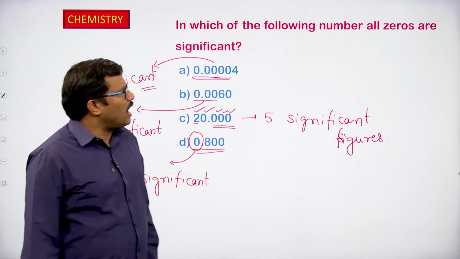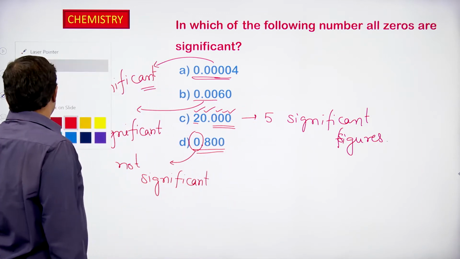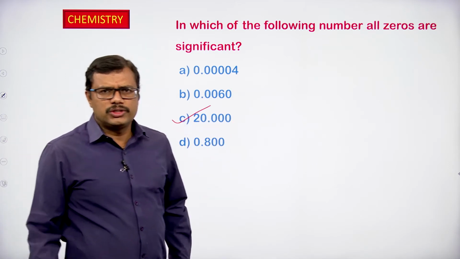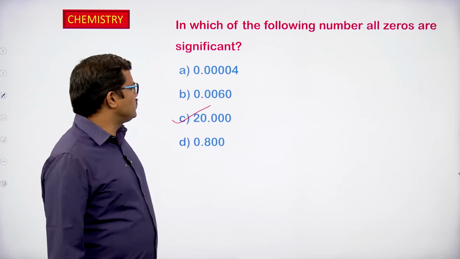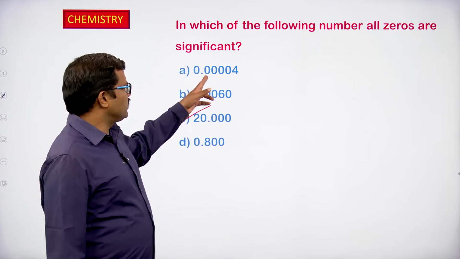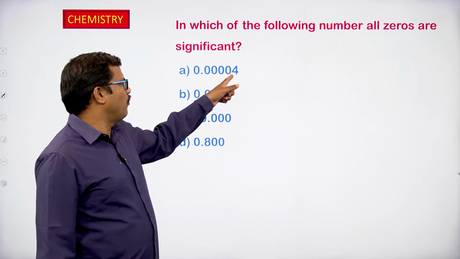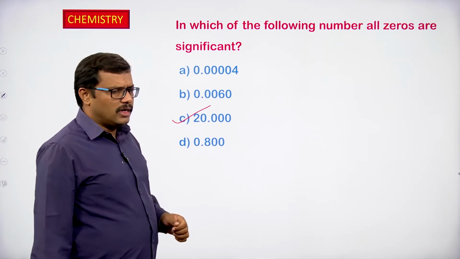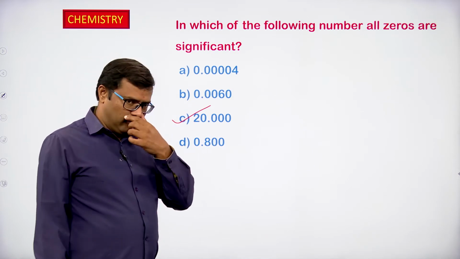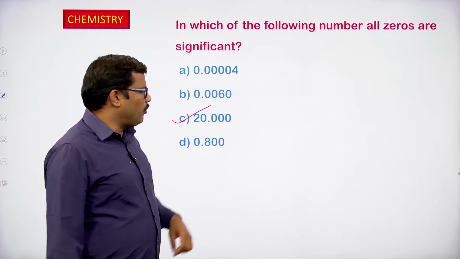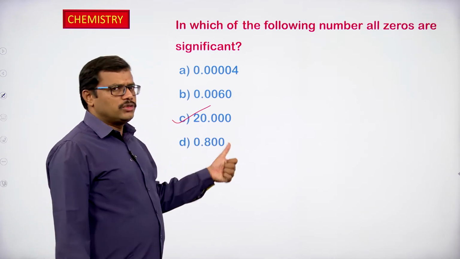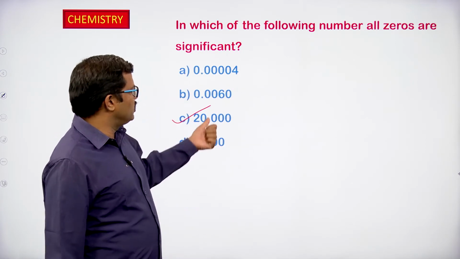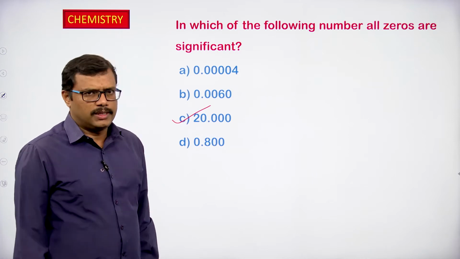So, the correct answer for this question is option C. 20.000 is the number in which all the zeros are significant. In the first number, whatever zeros are there before 4 are all non-significant. Here also they are non-significant, and here also the 0 which is present before 8 is not significant. But 20.000 has 4 zeros and all 4 zeros are significant. So, option is C, right.